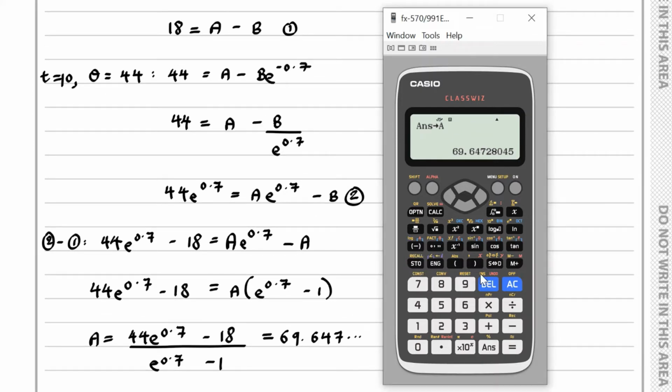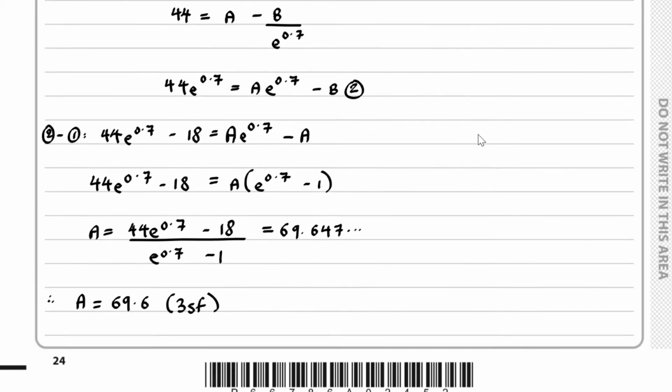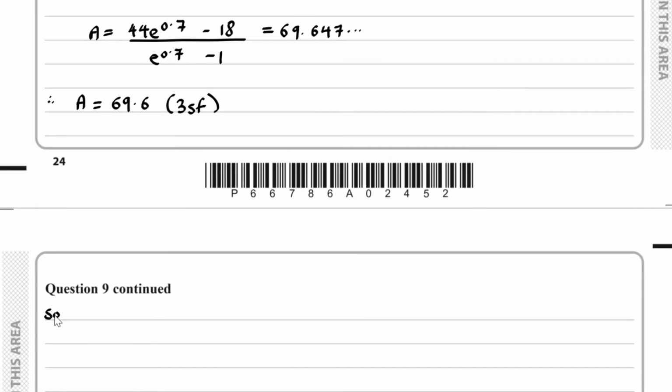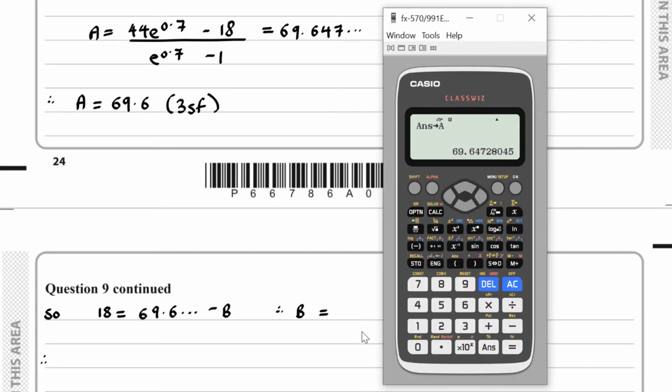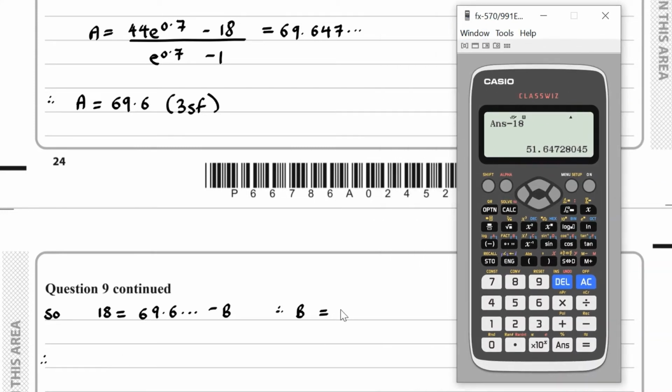So if we store this into A before anything, we see here that 18 is equal to 69.6, etc. minus B. So from this we can find out the value of B. So B is equal to this value minus 18, which is 51.647, etc. And to 3 significant figures, B is equal to 51.6. So let's just store this into B.